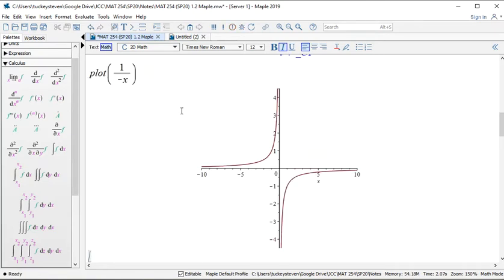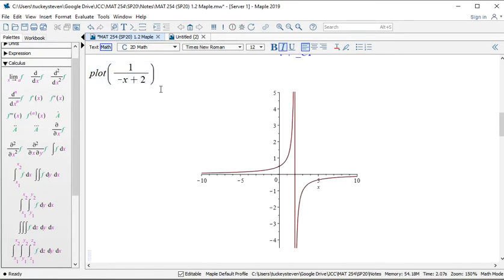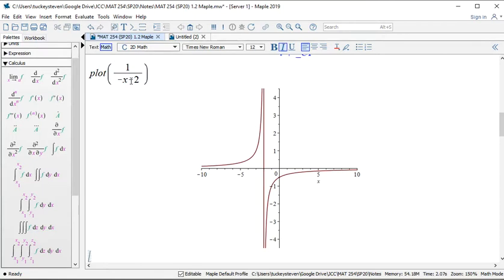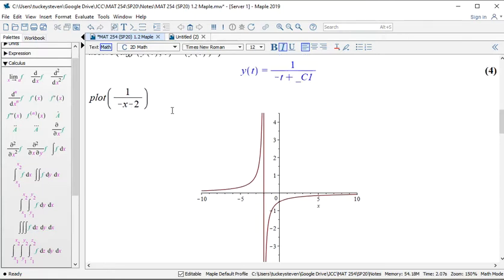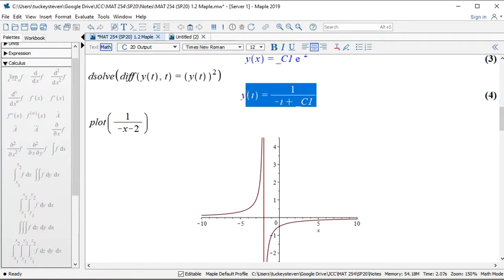And of course, if I throw in something in here plus 2, then I take the solution, I just shift it over by 2 units. If I subtract 1 or subtract 2, I shift it to the left 2 units. So you should recognize that this thing that we just found as the general solution has an infinite number of curves that are all the same solution.